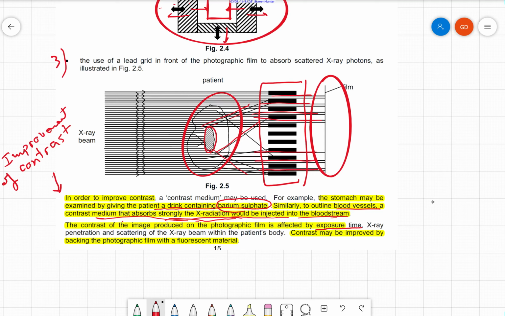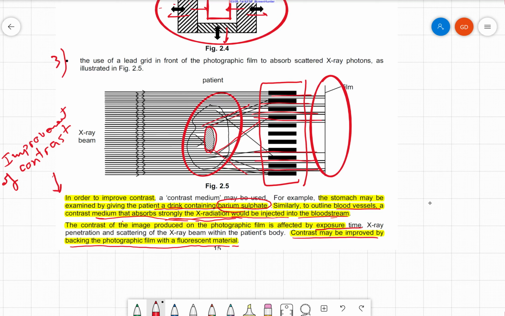Okay. Finally, contrast may be improved by baking the photographic film with fluorescent materials, which are special chemicals used in order to prepare the image to be as clear as possible.